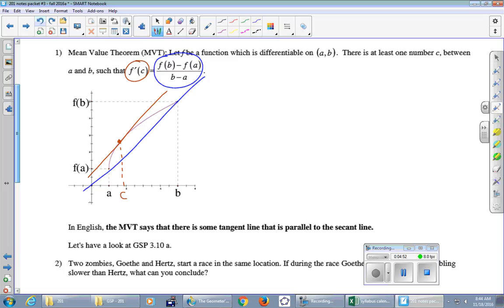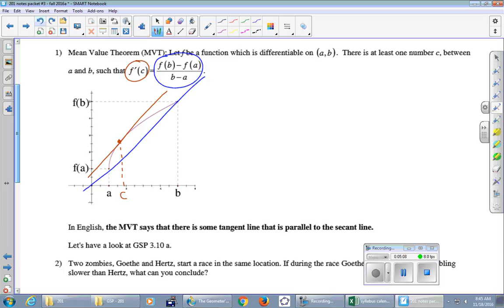So in English, the mean value theorem says that there is some tangent line that is parallel to the secant line. Starting and ending values are given. A typical calculus problem is to find the magical c with the tangent line parallel to that secant line.